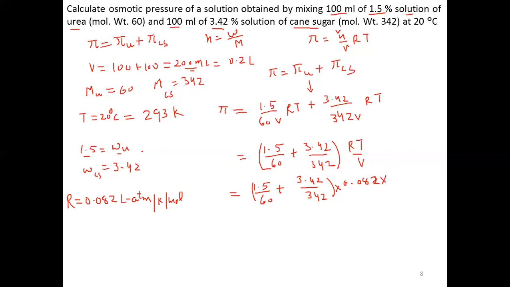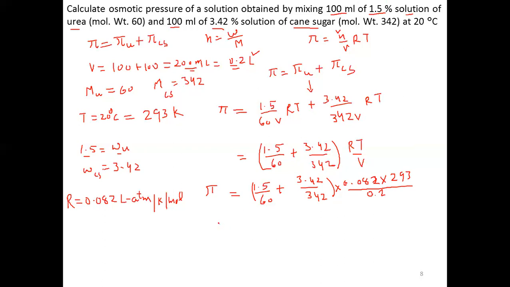What is the temperature? 20 degrees Celsius, which is 293 Kelvin, divided by the volume of the solution. Volume is 100 plus 100, 200 ml. If we convert it into liters, it is 0.2. So this will be the osmotic pressure.